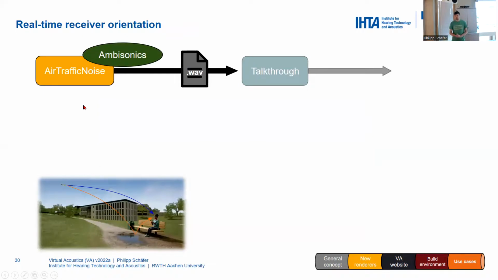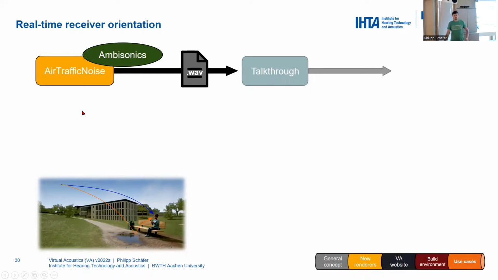Talking about real time, my final example is that sometimes, if we have scenarios like those outdoor scenarios, we typically have sound sources or movement of sound sources that we already know. Like this aircraft, it has a fixed trajectory, and in this case even the receiver might be static, it just sits on this bench, but maybe you want to move your head while sitting on that bench.